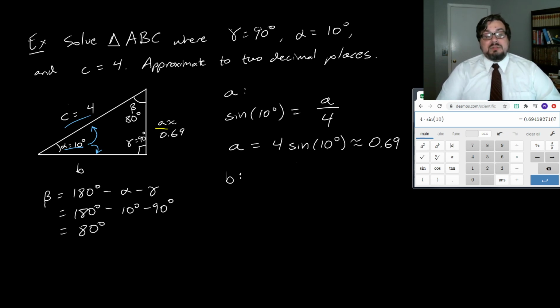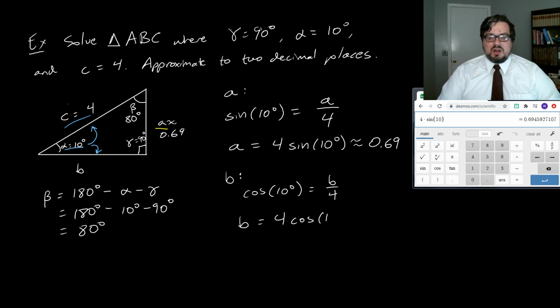So the function that will relate alpha to b and c is cosine. So we get that cosine of 10 degrees is equal to b over 4. And so once again, we can rearrange this, get b is equal to 4 times cosine 10 degrees.